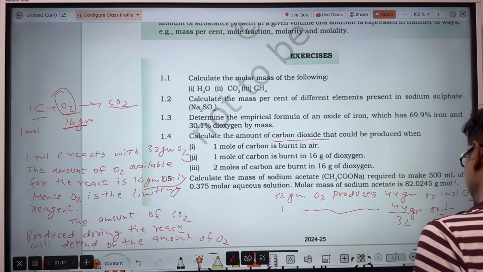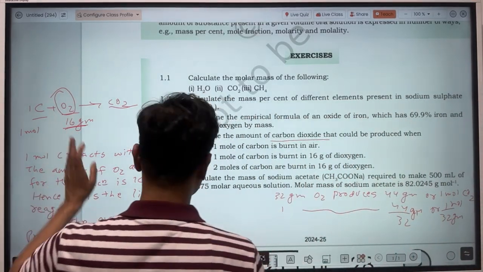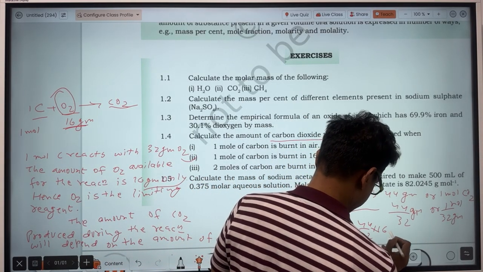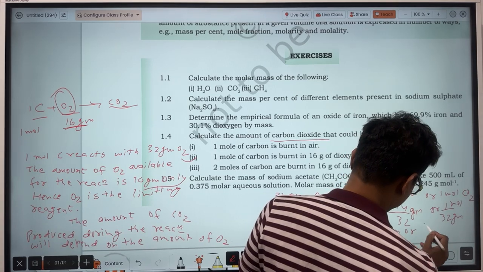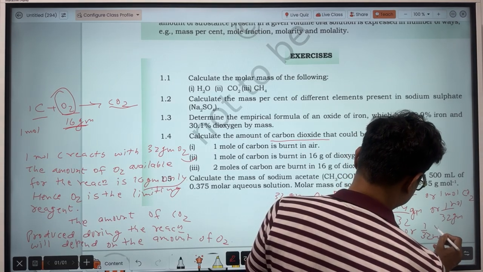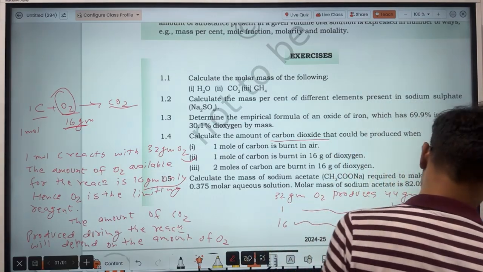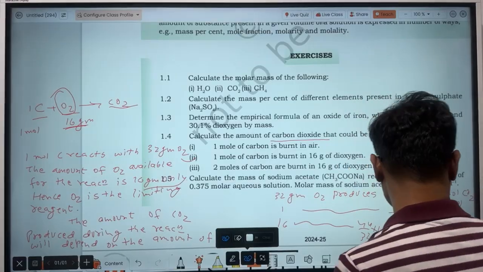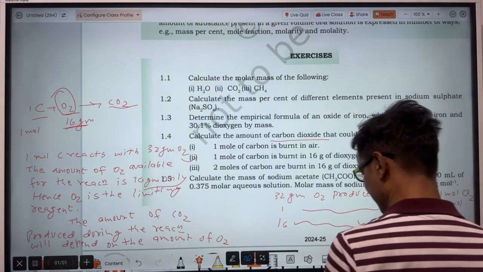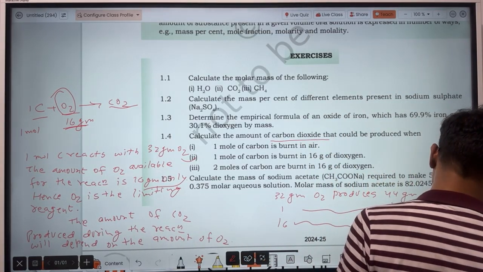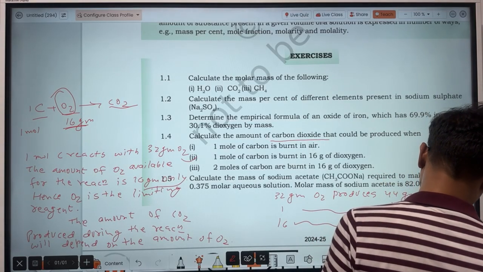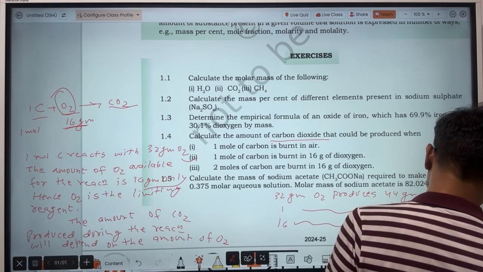In terms of mole, 1 mole upon 32 gram into 16 gram.